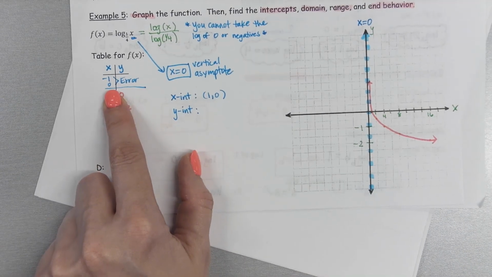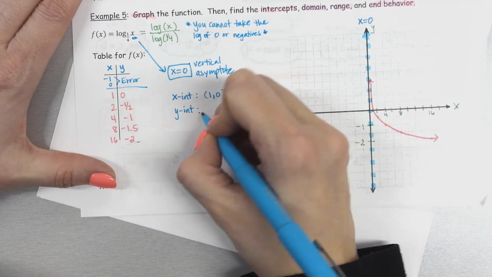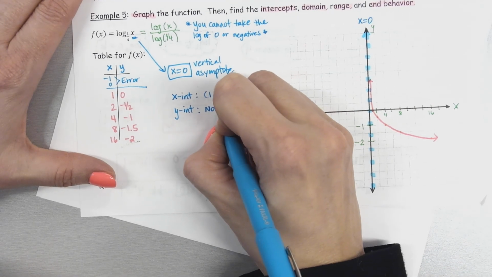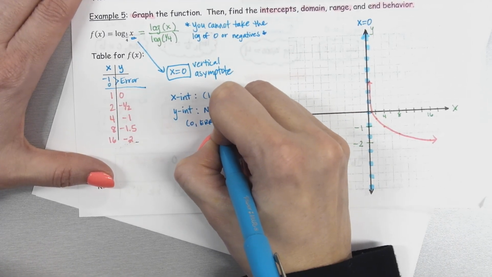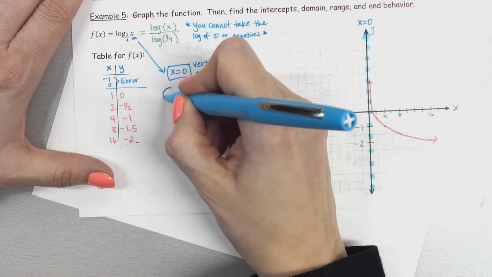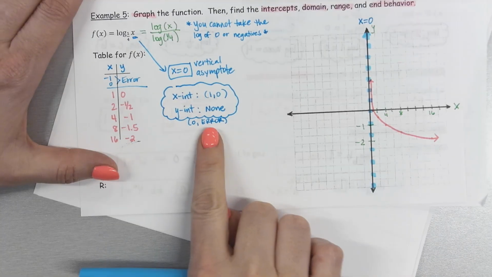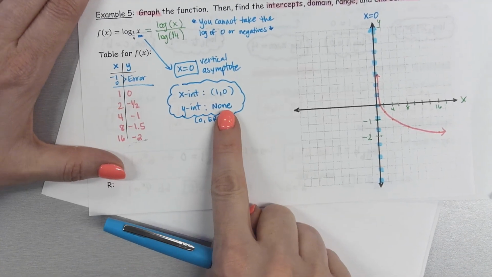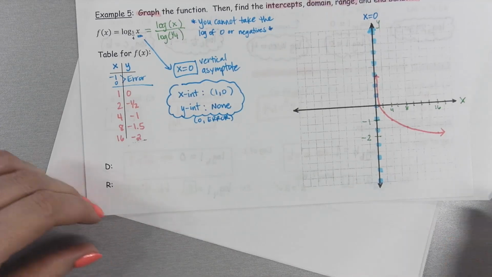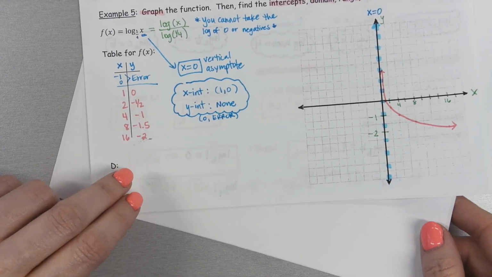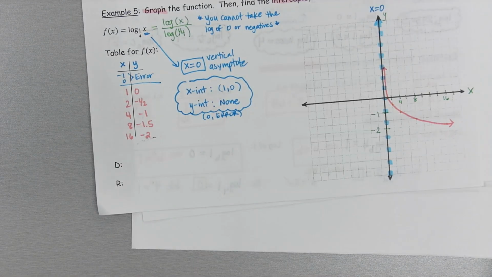What happens when x is 0? An error. Okay, so because there's an error, there is no y-intercept. So when that happens, there is just no y-intercept. Again, I don't want you to think that's wrong, that's correct. If your asymptote is not at 0, that won't happen.